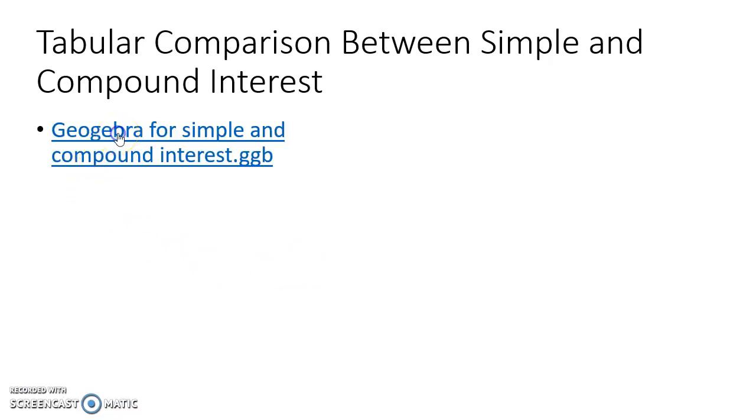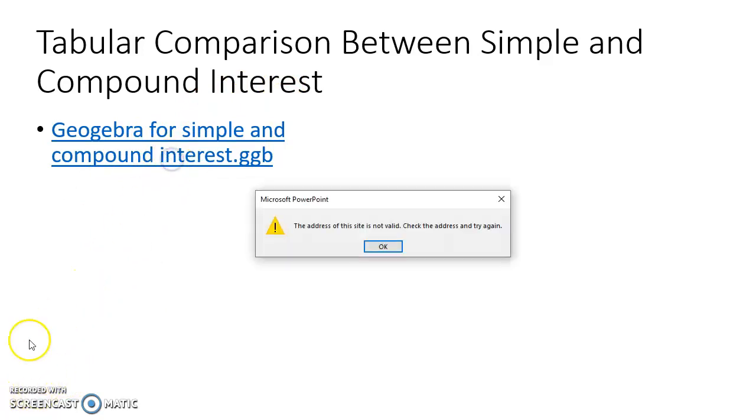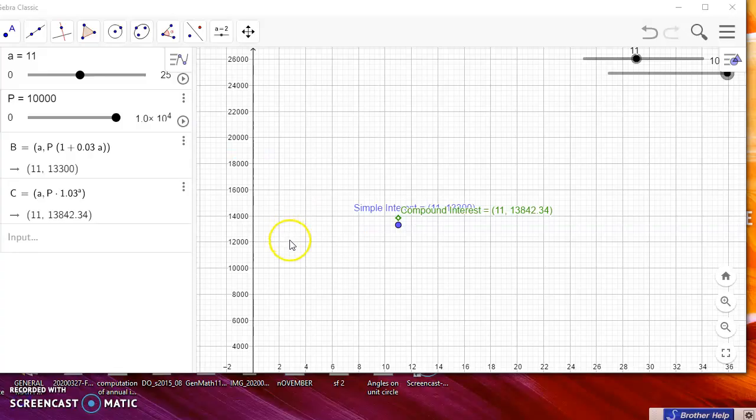Okay, now let's use this GeoGebra to illustrate further the concept of simple and compound interest. Now, as you can see, I am using the GeoGebra application to compare the simple interest and compound interest. Let's consider the principal to be 10,000 for both.